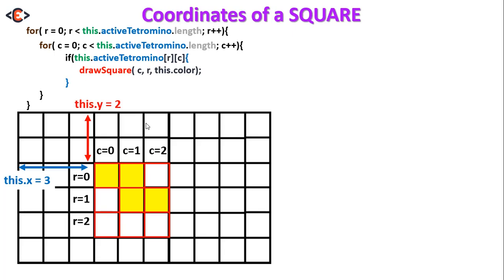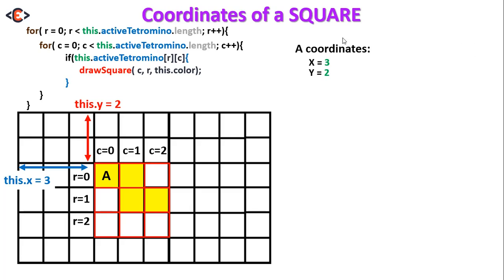Let's take an example. We have this A square here. What are the A coordinates? So simple. For the X position, this is 1, 2, 3 squares. So X equals 3. Now for the Y position, here is 1, then 2. So Y equals 2. But how do we calculate this using code?